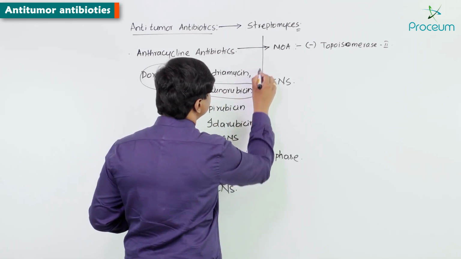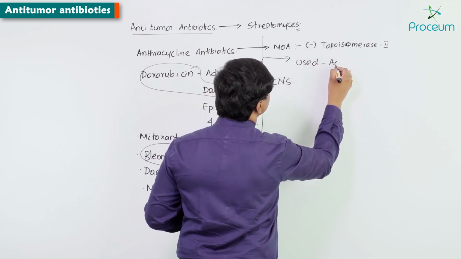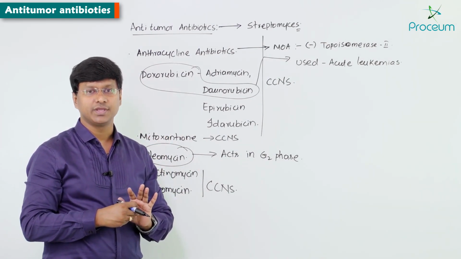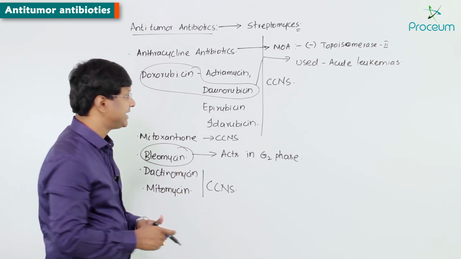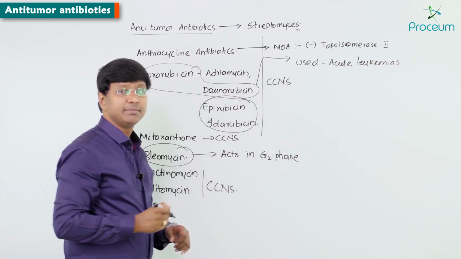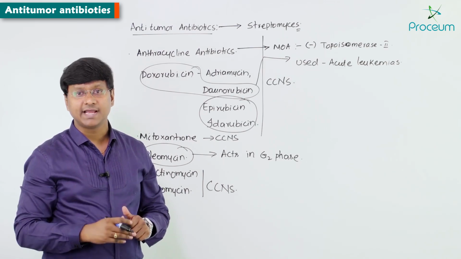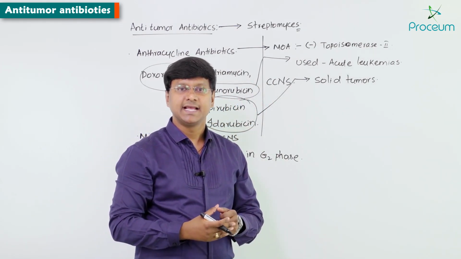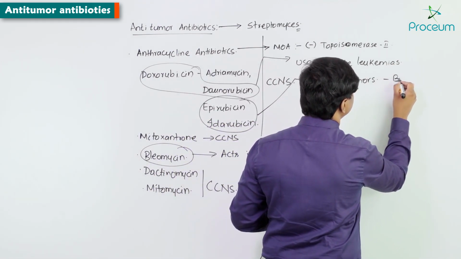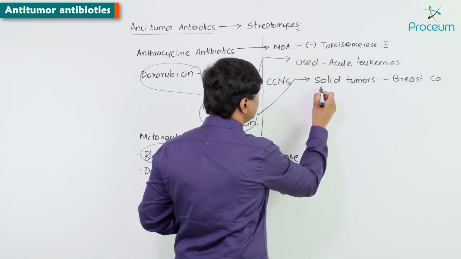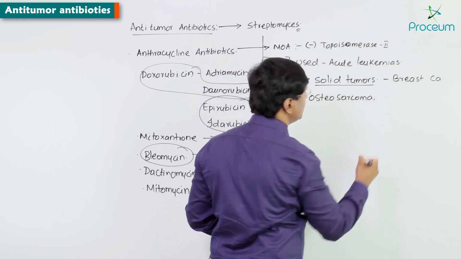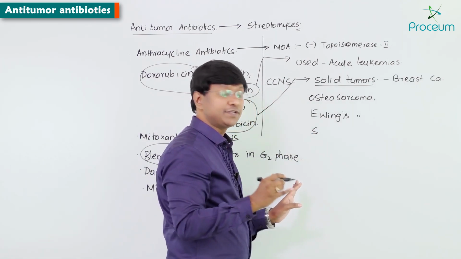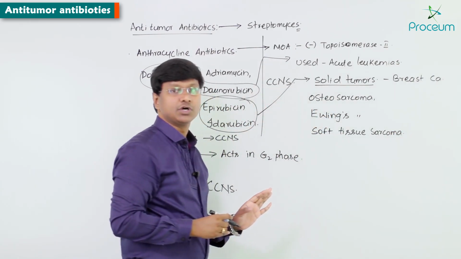Whereas the other drugs, idarubicin and epirubicin, display a broader activity against solid tumors, and these solid tumors include breast carcinoma, osteosarcoma, Ewing sarcoma, as well as soft tissue sarcoma.